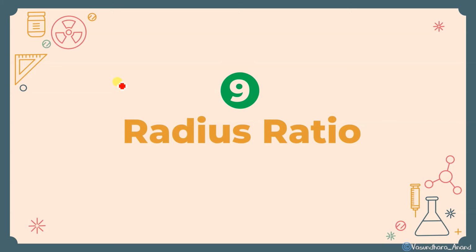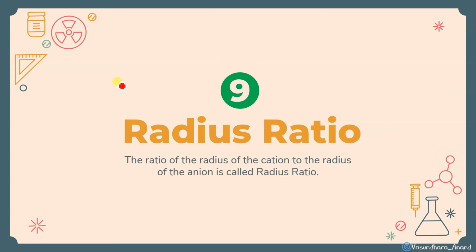Now the next topic is radius ratio. This is again a learning topic, okay, and this will give you the coordination number, structure and a few examples also. So some direct questions can also be framed in this way, and it is asked in your paper, like it was there in that entrance exam also. So radius ratio is the ratio of the radius of cation to the radius of anion. ध्यान रखना, cation upon anion.